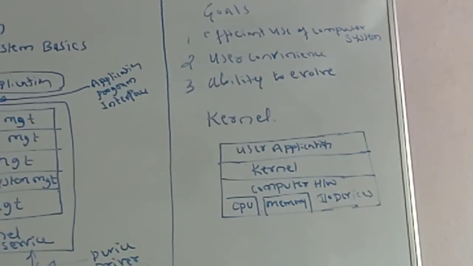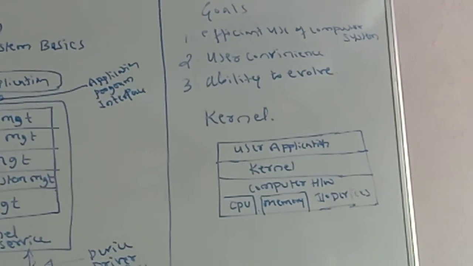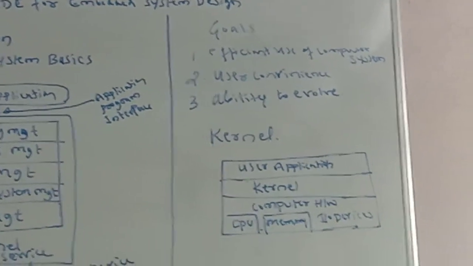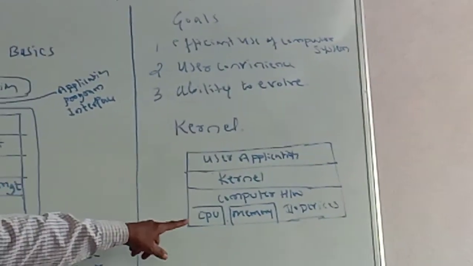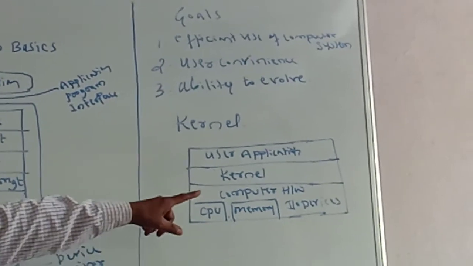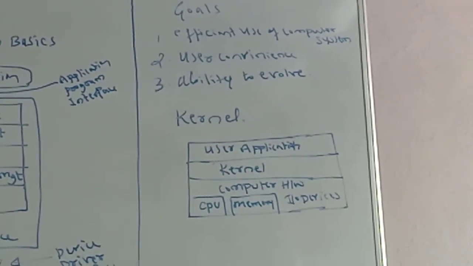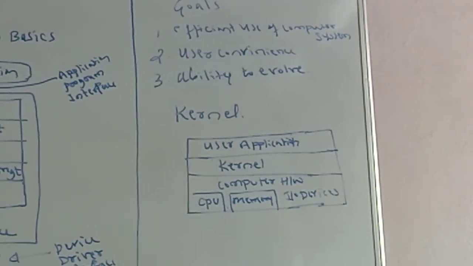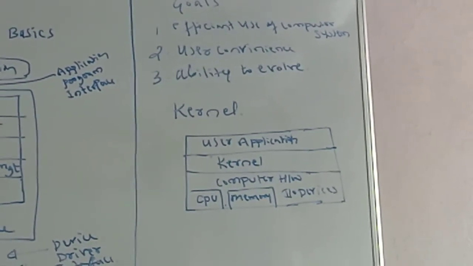Kernel is directly communicated with the hardware. Hardware contains the central processing unit, memory unit and input output devices.